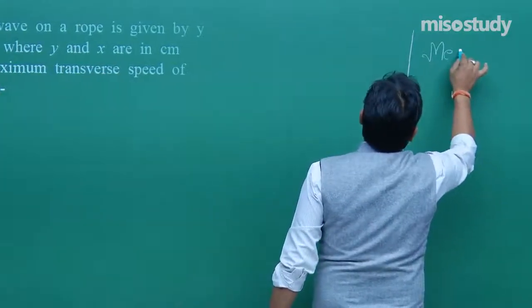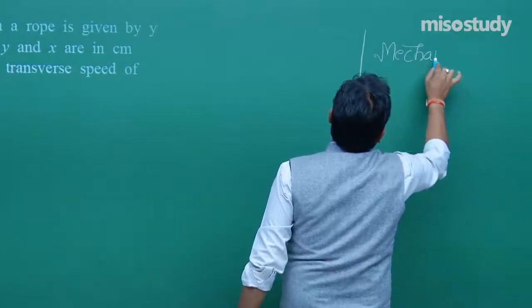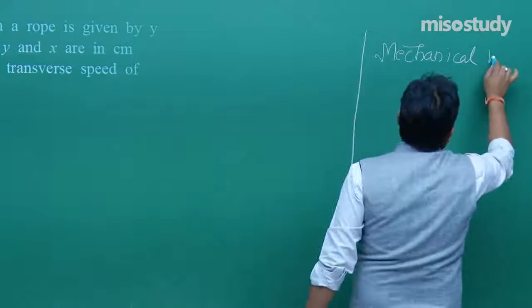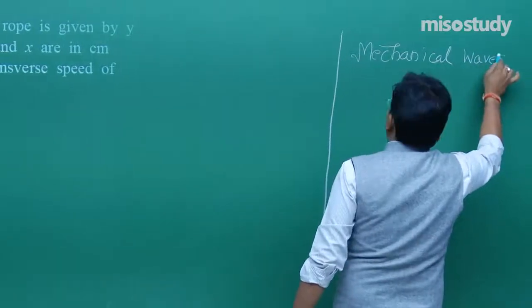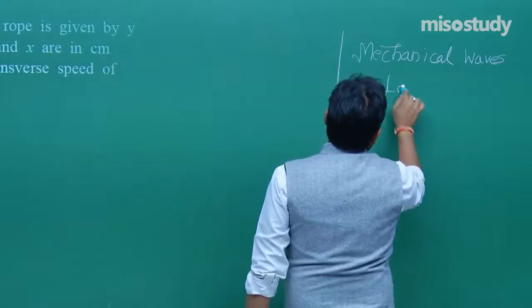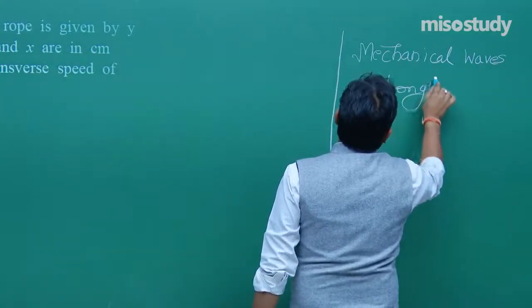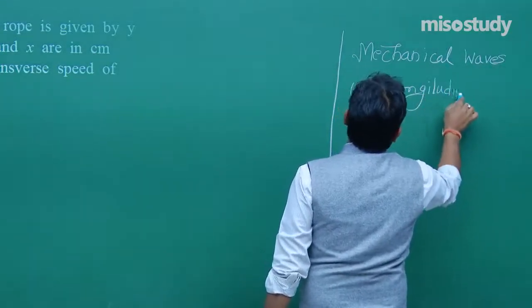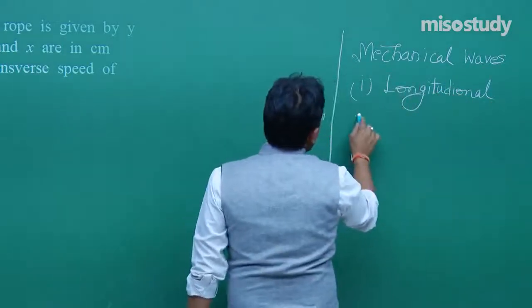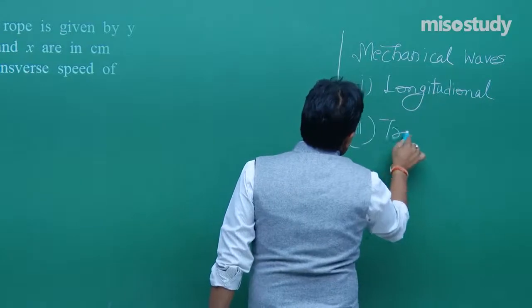Mechanical waves. Okay. Number 1, longitudinal. Number 2, transverse.